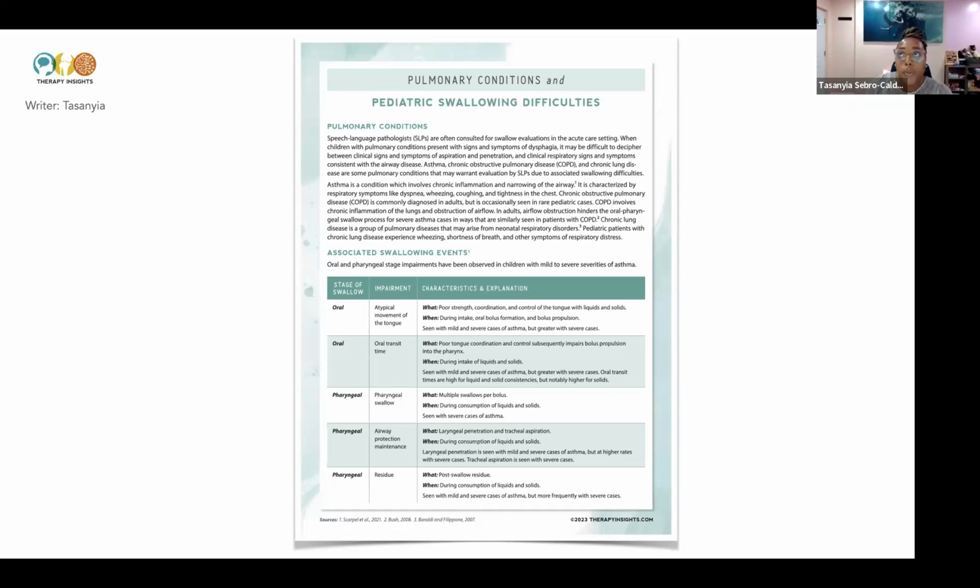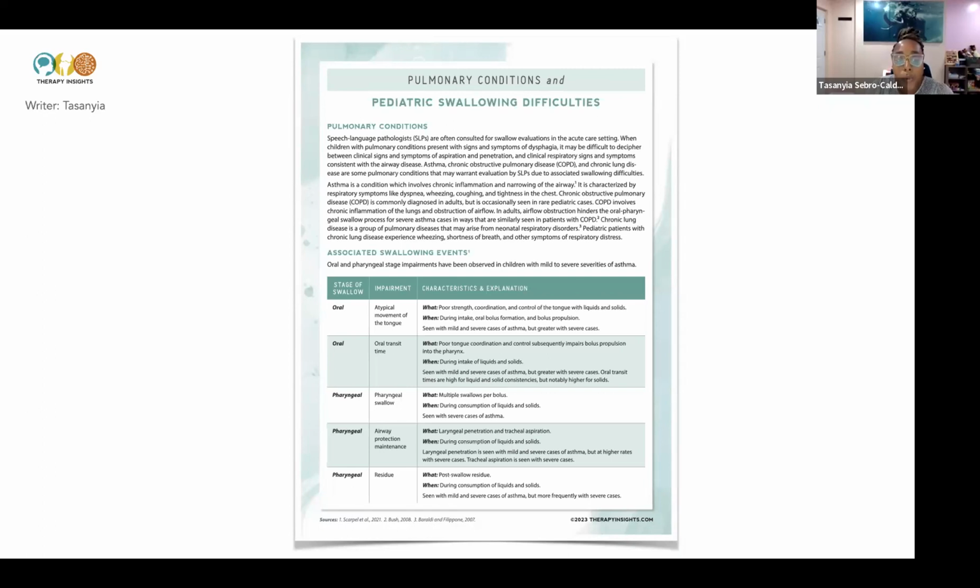And as SLPs trying to add to evidence-based practice, we should always be doing research anyway, to see how this applies. But this just lists some of the associated swallowing events that we may see with children who have a range of mild to severe asthma.